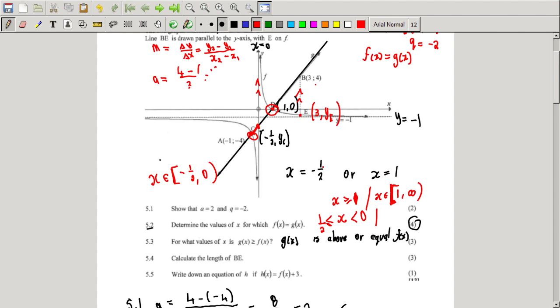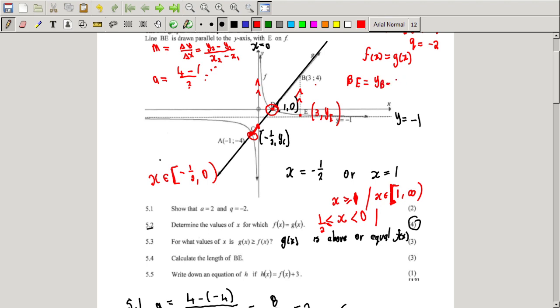I'm going to have to get the coordinates of E. Since BE is parallel to the y-axis, we don't have to consider the x part.